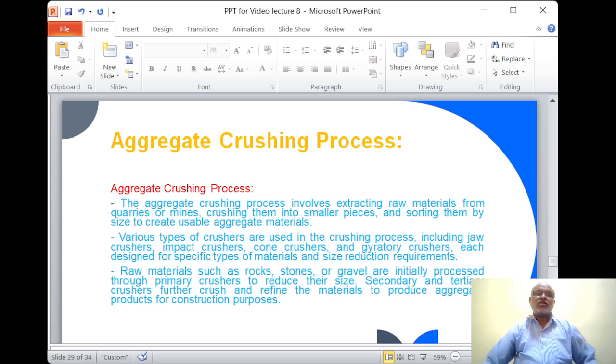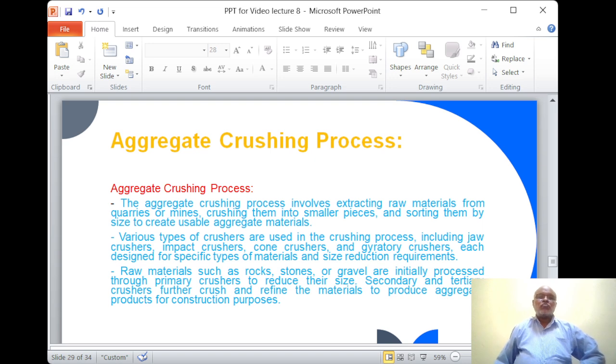Aggregates are essential materials used in the construction industry. They are the foundation of many structures we see around us. But have you ever wondered how these aggregates are produced? The first step in the production of aggregate is the crushing process.